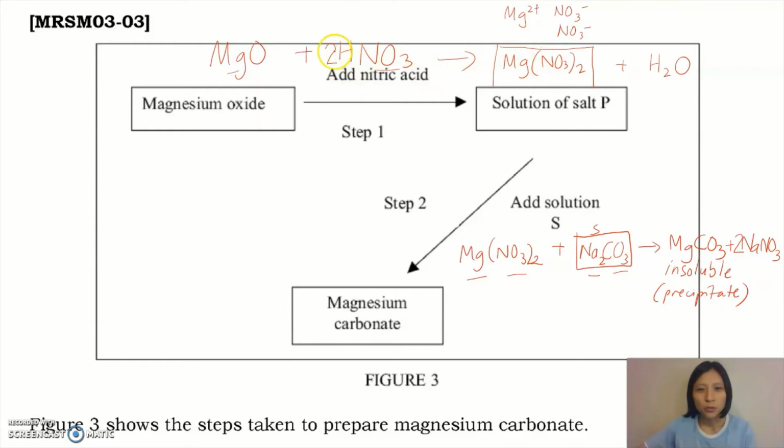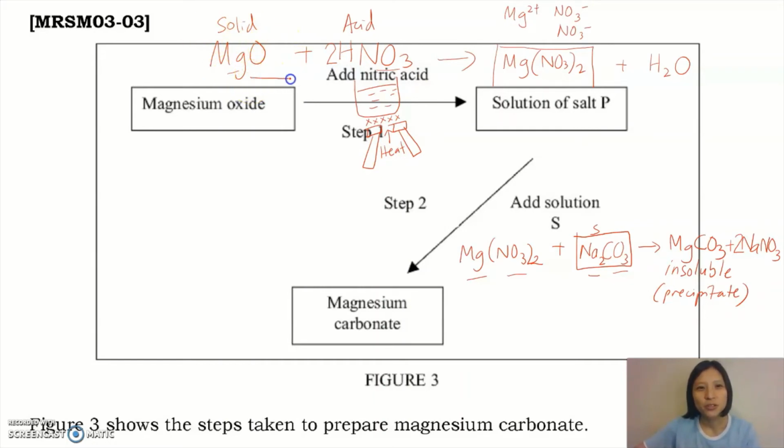You can see this is an acid, and this is a solid. It's a solid, it's not a solution. So what we want to do is, we have a beaker, and the beaker will contain nitric acid. Then we want to heat this nitric acid gently on a tripod stand with a Bunsen burner, and we want to add MgO.